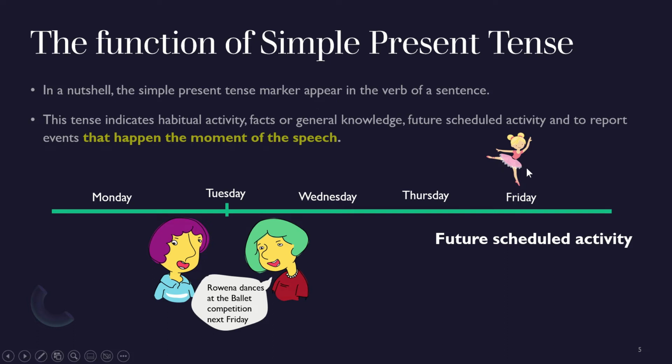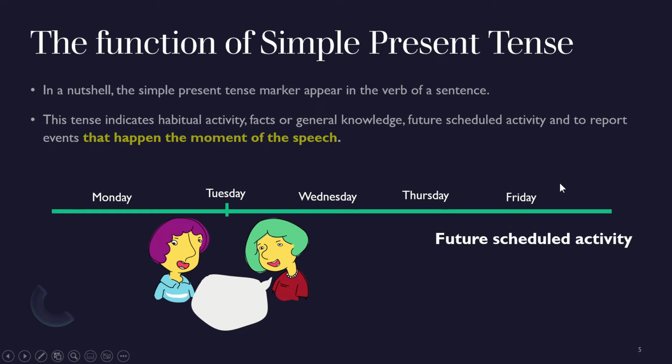Now it is scheduled, so it's highly likely to happen because the event is already planned before, and it's kind of certain to happen. So to express this kind of event, a future scheduled activity, using simple present tense is the most appropriate.